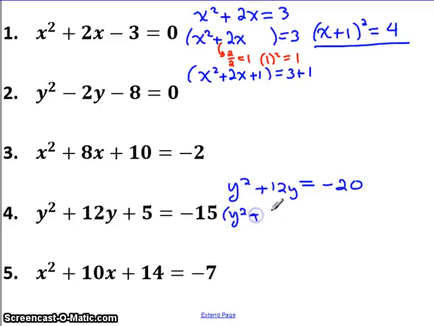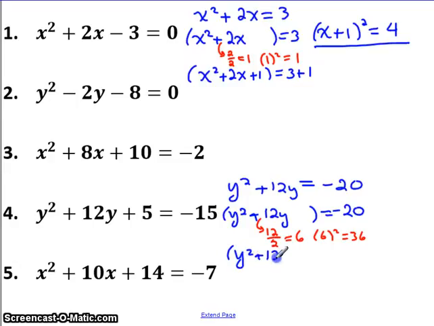Put the parentheses and a little bit of space here. And we're going to divide this by 2, which gives us 6. Square 6, we get 36. And so we will now add that to both sides.